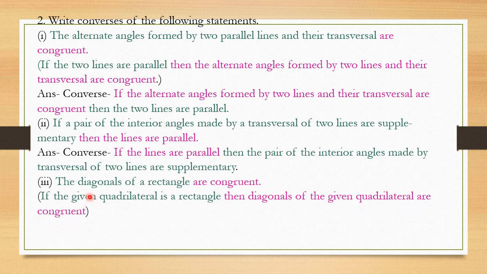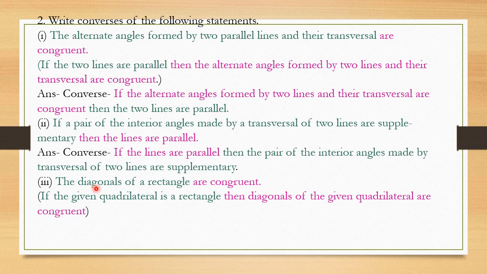Now let us study the third example. The diagonals of a rectangle are congruent. Here also, students, a normal statement was given. So you first have to write down the if and then statement, that is, the conditional statement. To write the if and then statement, you have to ask the question: when?